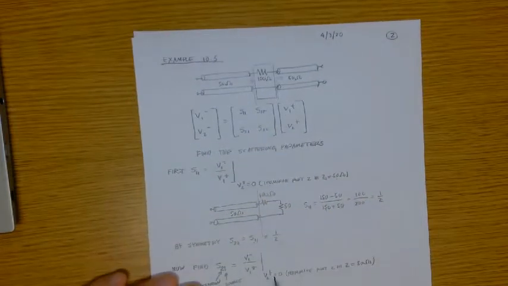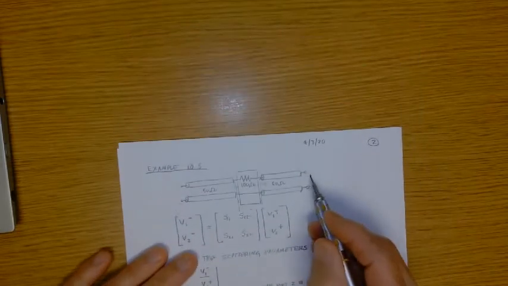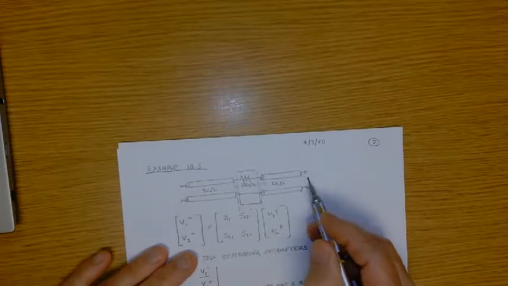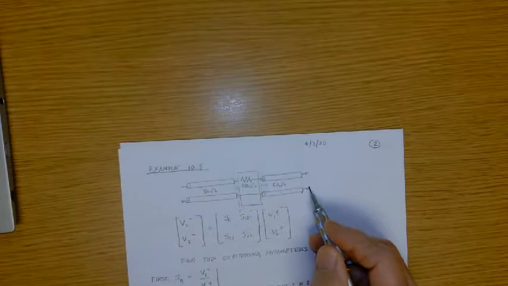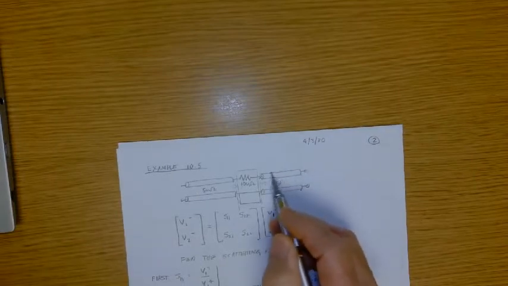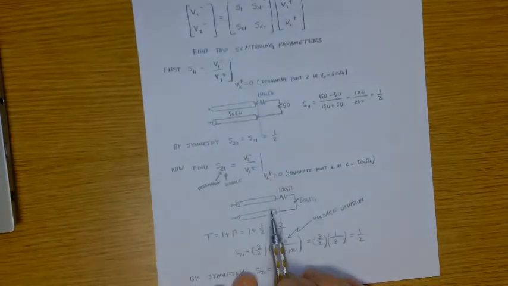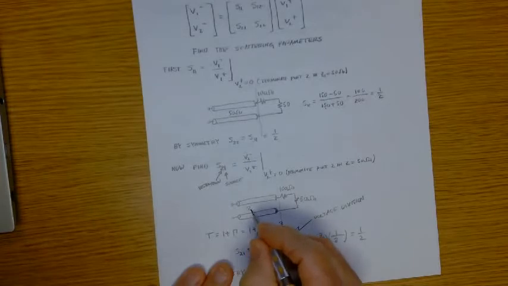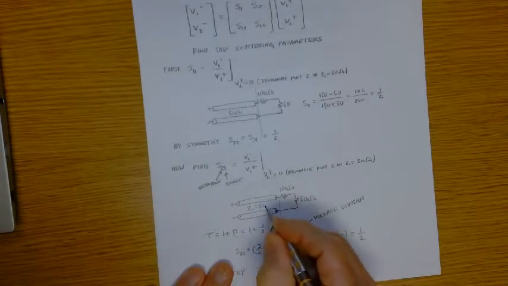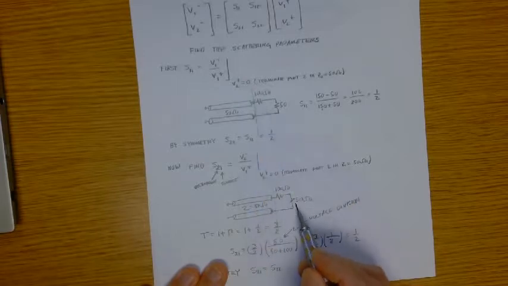So again, we have to terminate the transmission line here in its characteristic impedance so that we ensure that the voltage coming back in here is 0. Okay, so that's going to look like this: our Z naught, 50 ohms, in series with 100 ohms, and here, 50 ohms.